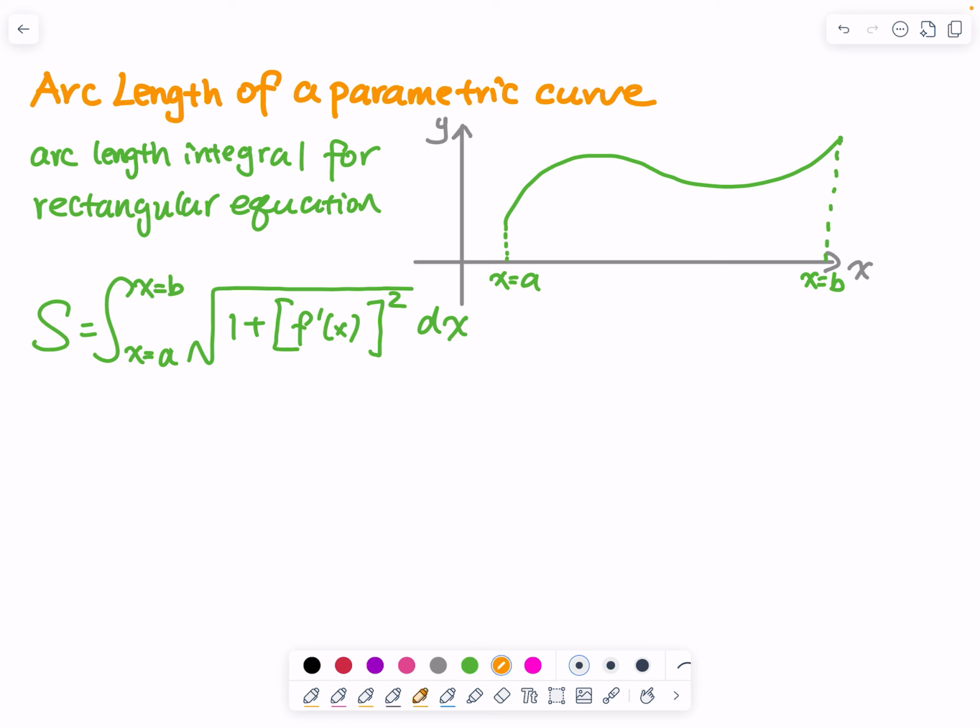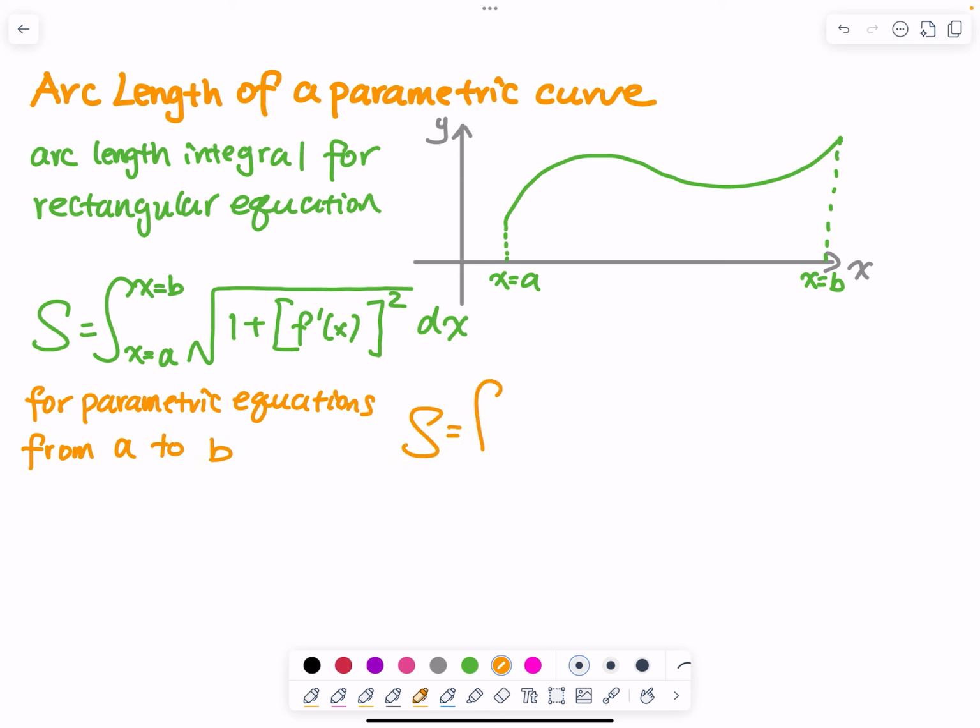And then for parametric equations, here is the integral also from a to b. The equation is S equals the integral, and we are not doing x anymore.